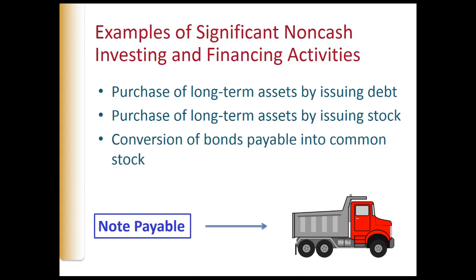Examples of these are shown here: purchase of long-term assets by issuing debt, purchase of long-term assets by issuing stock, or conversion of bonds payable into common stock. Having a better overall picture of the total investing and financing activities is important for investors and for creditors.